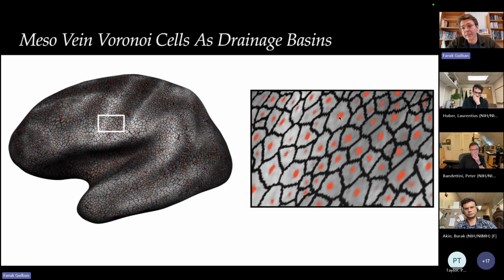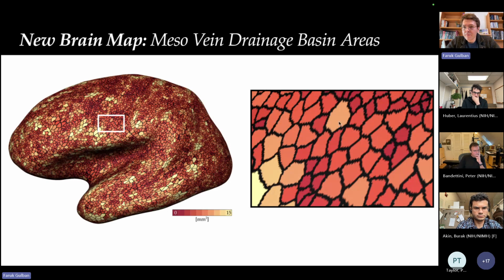Then I can create what is called a Voronoi diagram on the mesh, which assigns the nearest vertices to each vertex as labeled here. It basically creates a cell around these mesoveins. Once this computation is established, you can compute the surface area that falls within each of these cells. This I call the drainage basin area.